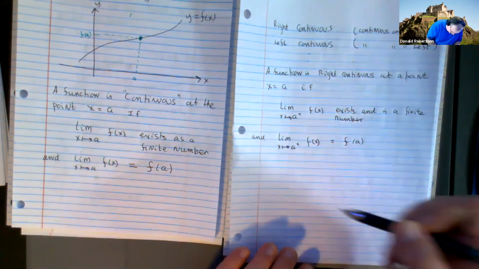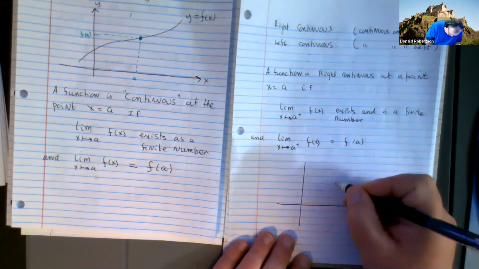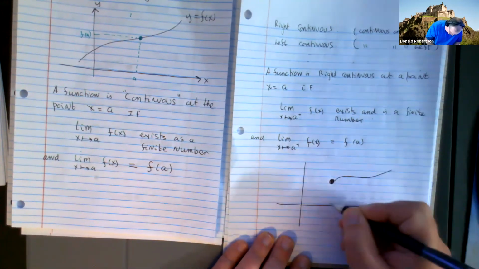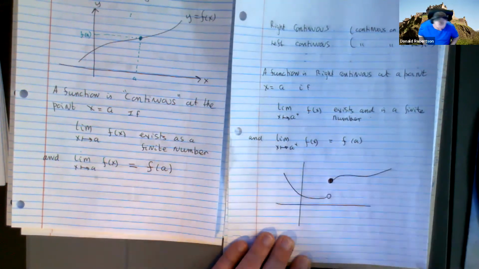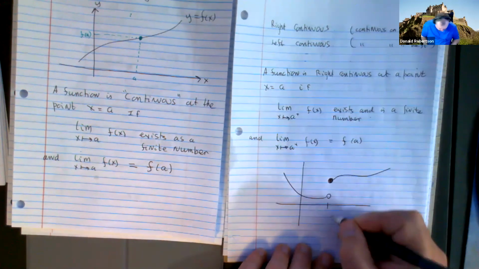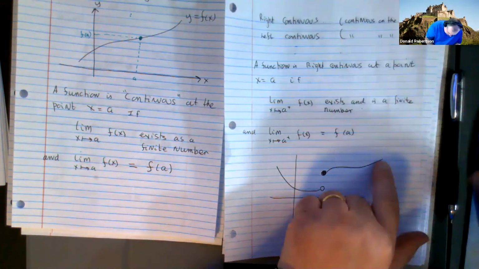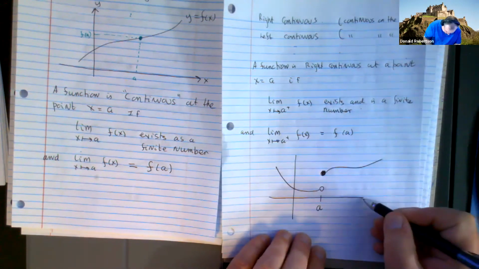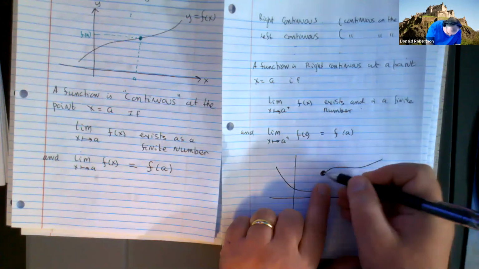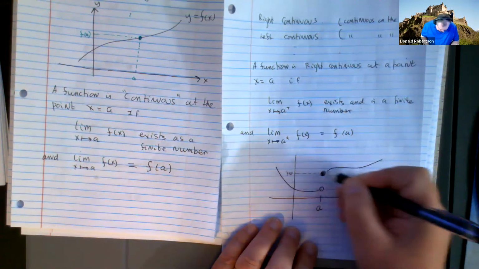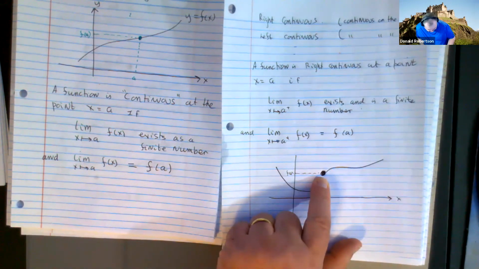What does that look like? Let me show you. Now, this is x equals a. Would you agree that at x equals a, this has a jump discontinuity? Now, if you find the right-hand limit, coming in from the right-hand side, this has a right limit.